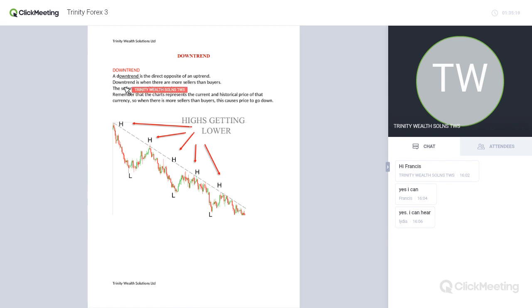We said that earlier. Downtrend is when there are more sellers than buyers. Remember, we said sellers are responsible for pushing the market down. So when we have more sellers than buyers, we expect the price of the pair to start moving down, right?